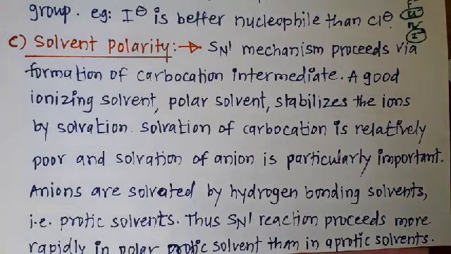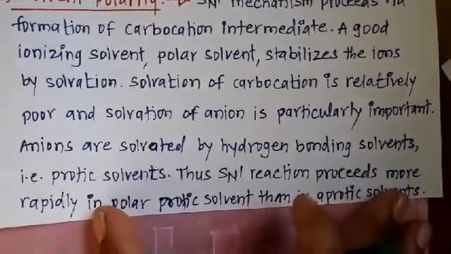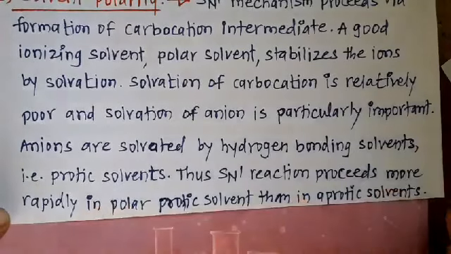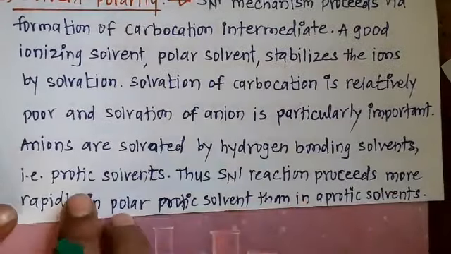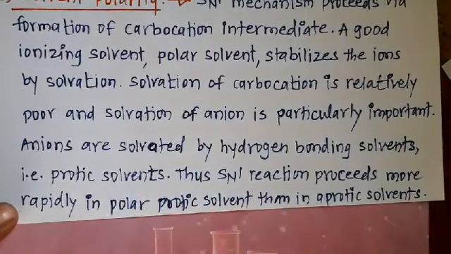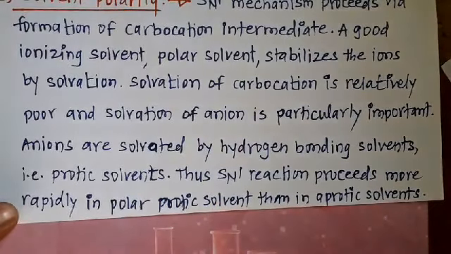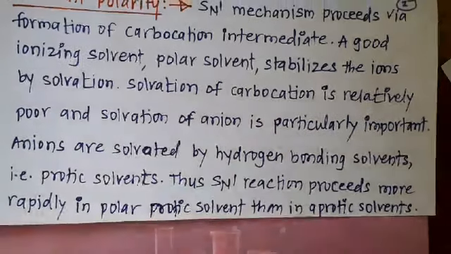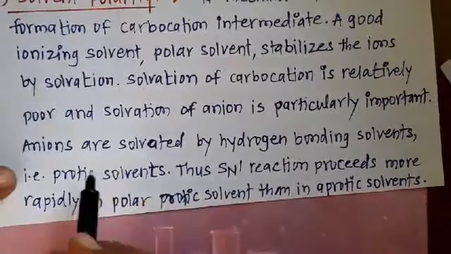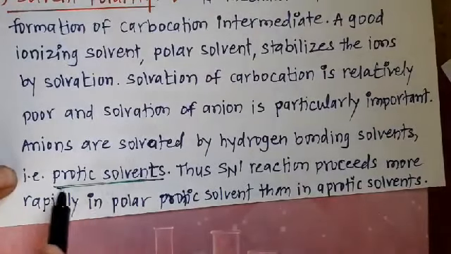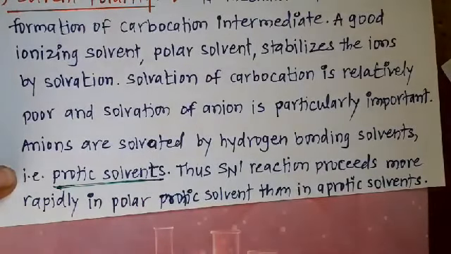The anions are solvated by hydrogen bonding solvents, that is protic solvents, means these anions are stabilized or solvated by hydrogen bonding. We know that a solvent which carries hydrogen is called a protic solvent, and a solvent which does not carry hydrogen is known as an aprotic solvent.